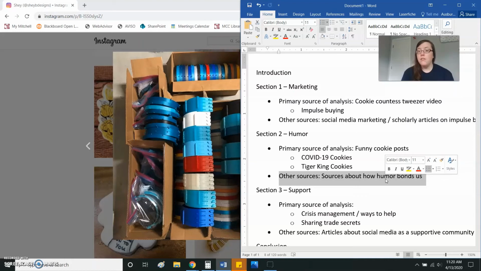Essentially, for the case study I'm giving you guys an example of, the way I approached this first was thinking about what are some of the big categories, and then I'm trying to think about how do all of those things relate together, because I have marketing. Okay, cool, people are selling stuff. I also have this fact that people are being funny, and then I also have this fact that people are supporting each other.